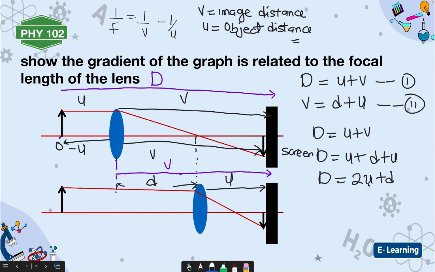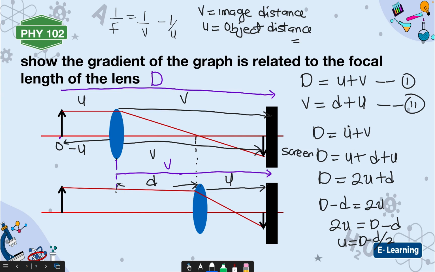Now to look for u, we can take this d to this side. So it becomes d minus d is what? 2u. So that at the end of the day, 2u will be what? D minus d. And then u will be d minus d divided by 2. All right? So that is our u.